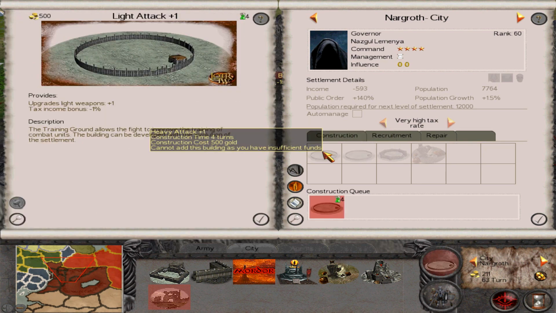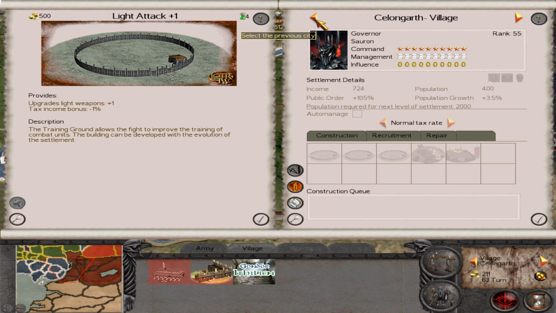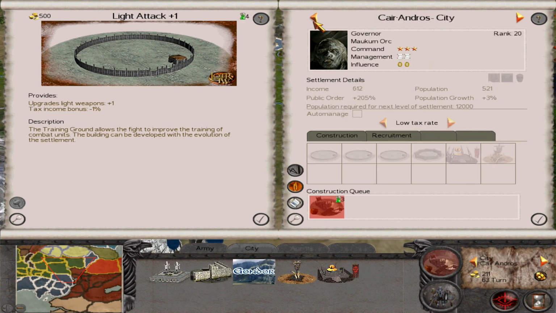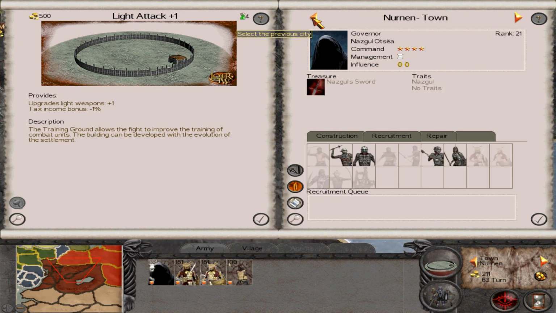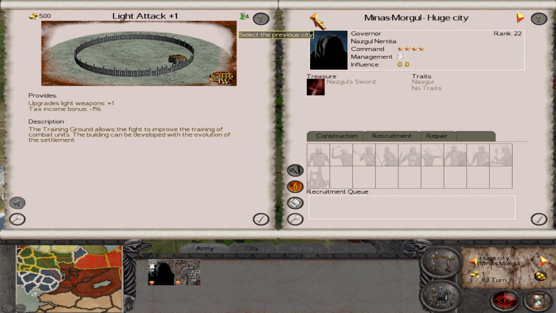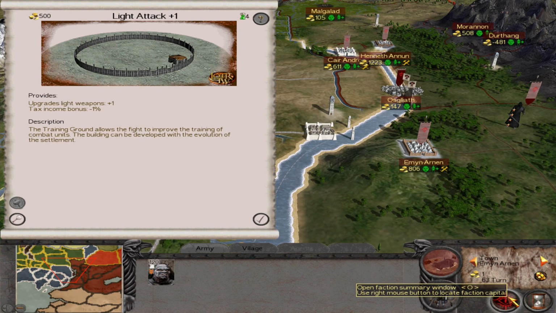I think light attack +1. We're done with the construction. In Nurnen, get some new troops. We seem to be out of money.